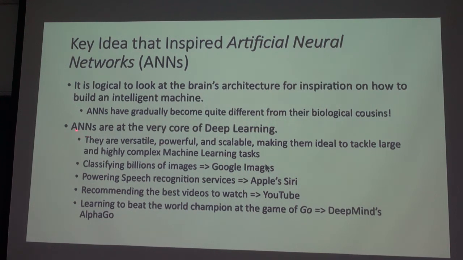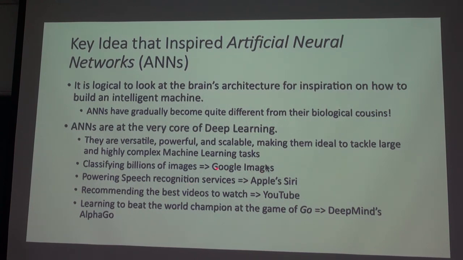So ANNs are at the very core of deep learning, because deep learning is pretty much a subset of artificial neural networks. So these ANNs are versatile, powerful, and scalable. This makes the ANN very ideal to tackle large and highly complex machine learning tasks, for example, classifying billions of images, such as Google Images.